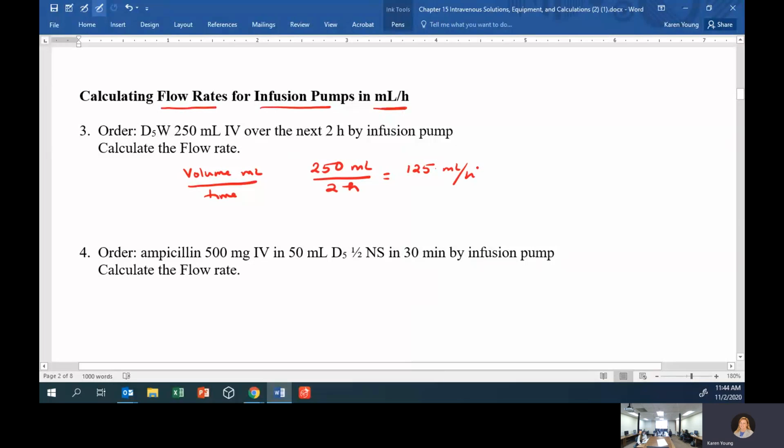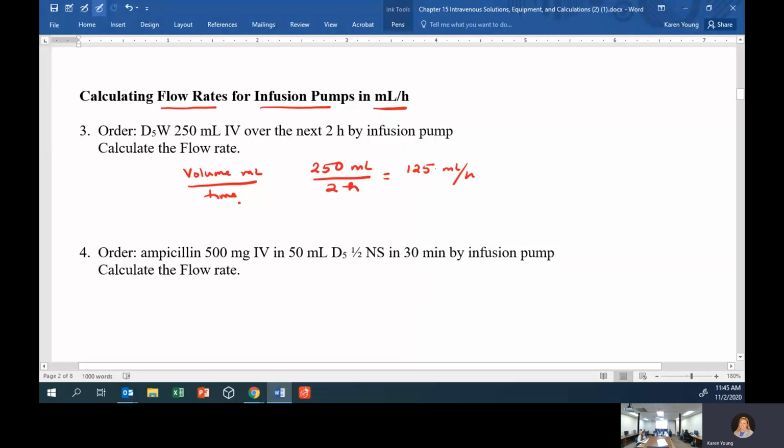So if you put the 250 in the pump and the 2 hours in the pump, and you don't get 125 milliliters per hour, then something's wrong with the pump. And the pumps do malfunction. I have one in my office that the nursing program gave me because it malfunctioned. It didn't work anymore.